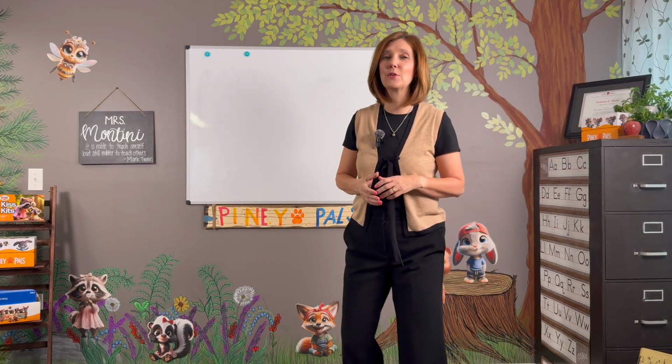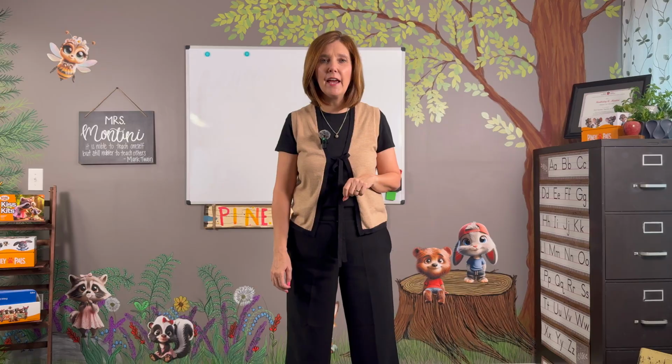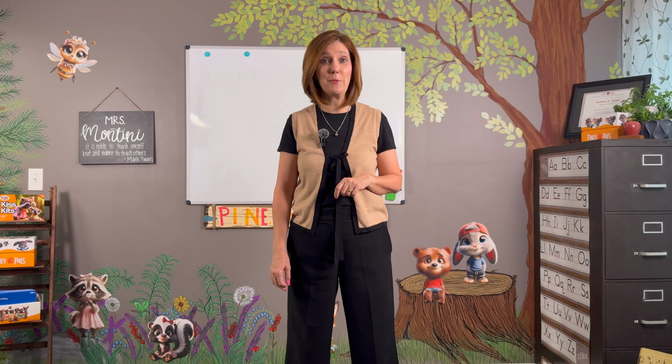I'm going to write some words on the board, and I want you to use your eyes because I want you to look very carefully and tell me, what letter do you see that's the same in all three of the words I'm going to write on the board?